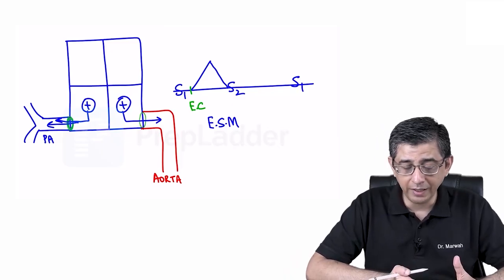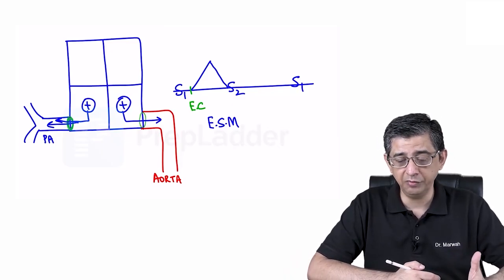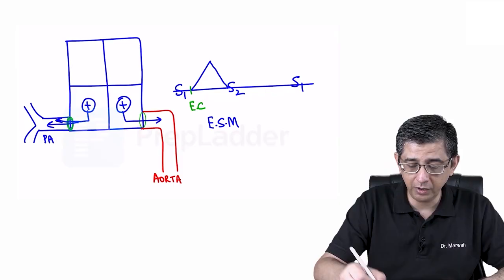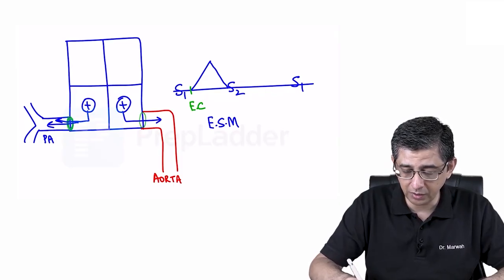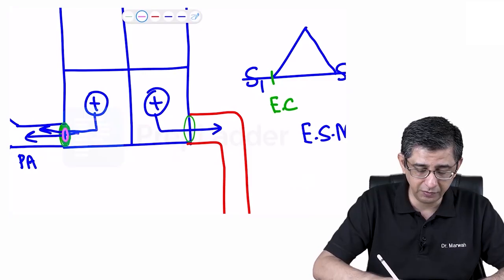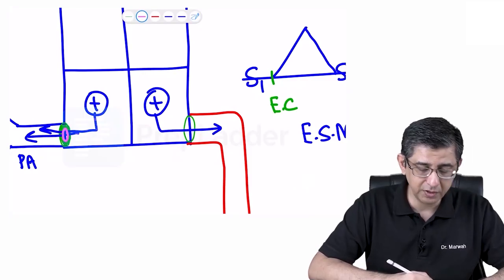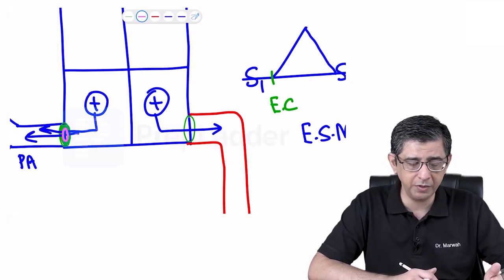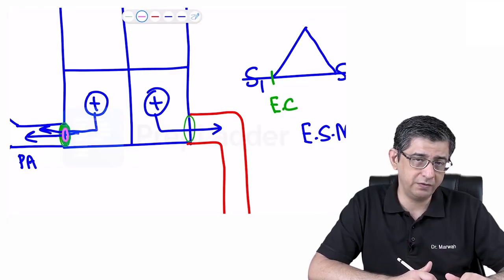However, if I increase the severity of the disease, if I make this orifice even much smaller, then let me draw a line diagram here to highlight this fact. Let's compare two patients. One is having, let me say, the moderate variety, another one is having the severe variety.